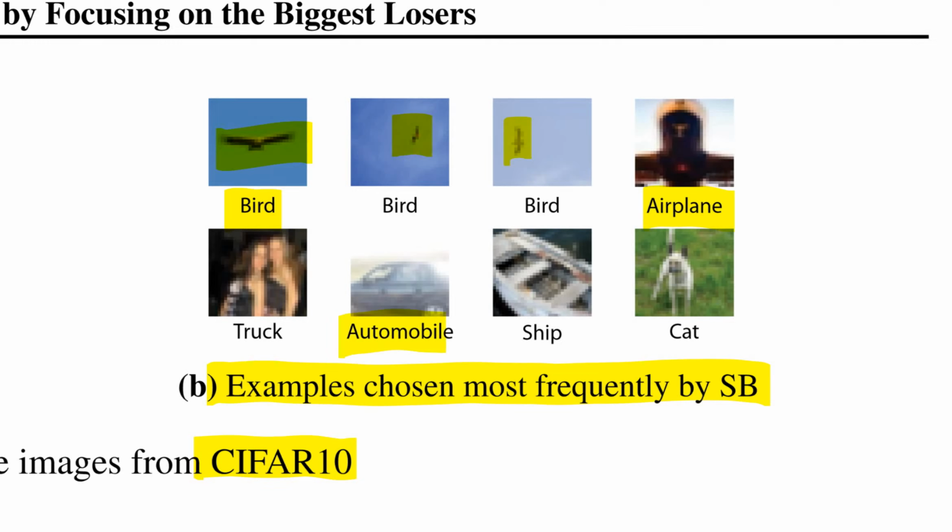Airplane and automobile here, you see that it's only a partial view of the thing. It's not like the full car like we saw in the easy pictures. It's only partial. And this seems to be pretty hard, and it's understandable. This cat here, to me, it's even unclear if this is a cat or a dog.